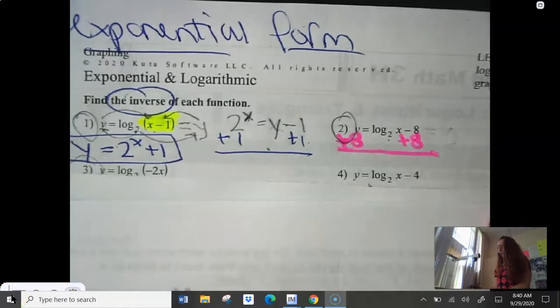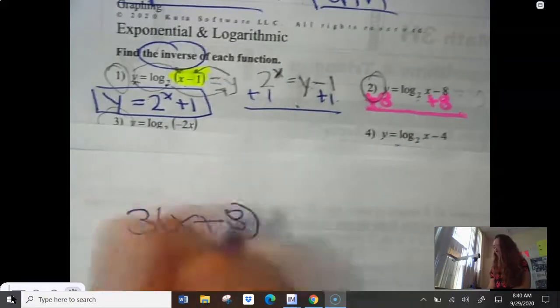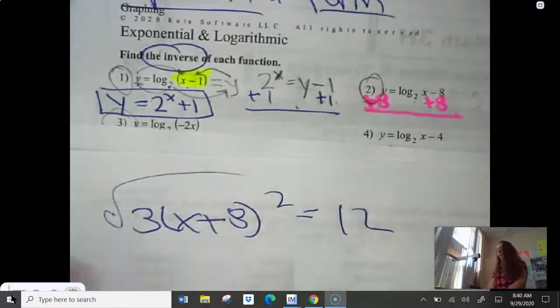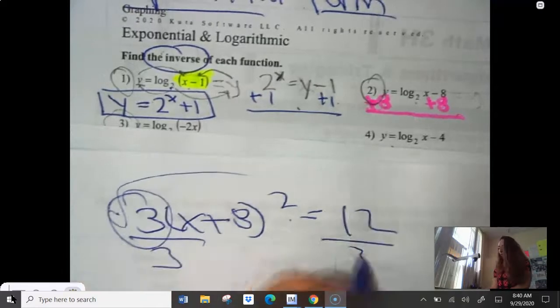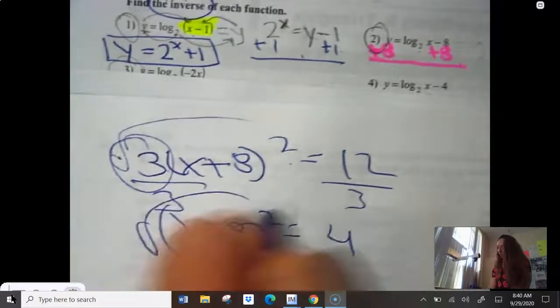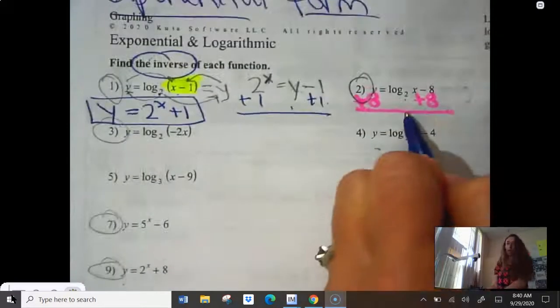Now some of you go, I don't understand. Remember when I gave you these problems, and you would go, okay, it's time to square root? And I go, you have to get rid of the number with the squared. Then once you get rid of the number that's with the squared, then you could square root. So what does that mean? You need to just have the log.